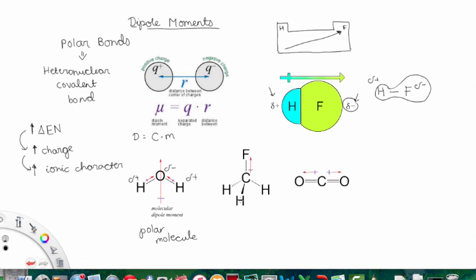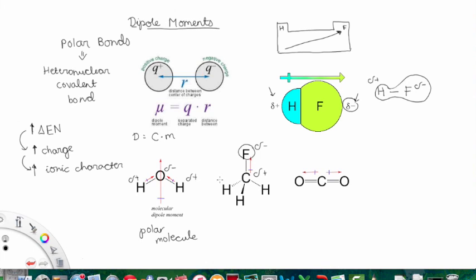On the other hand, let's look at methane. Actually, I'm sorry, this is not methane because we have this fluorine atom right here. If this was a hydrogen, it would be CH4, but in this case, we have CH3 and then a fluorine. Fluorine is one of the most electronegative atoms, and so the dipole moment would be going towards the slightly negative fluorine.